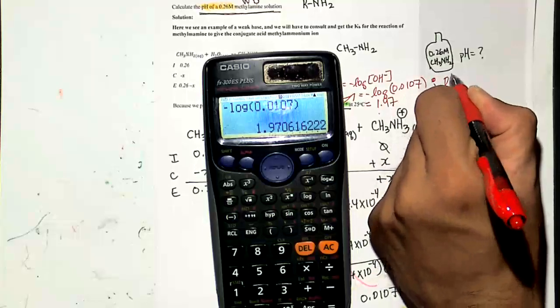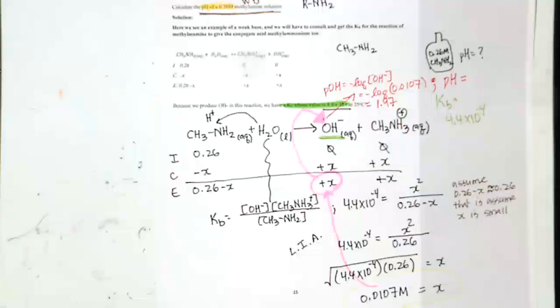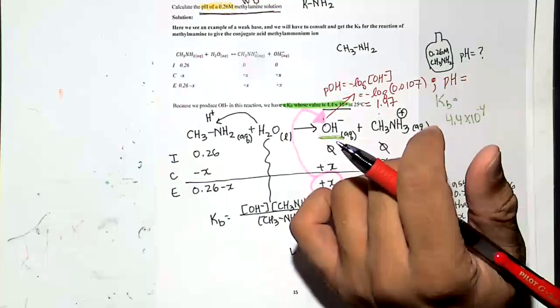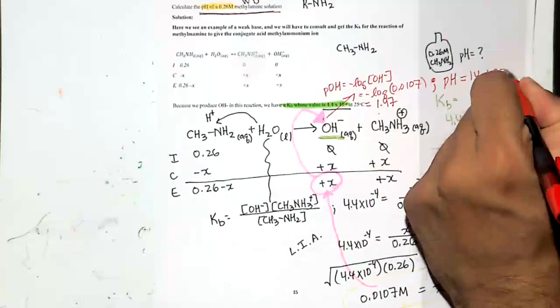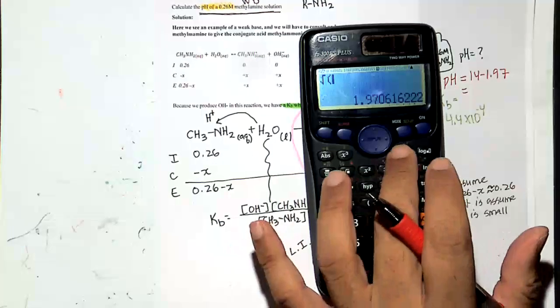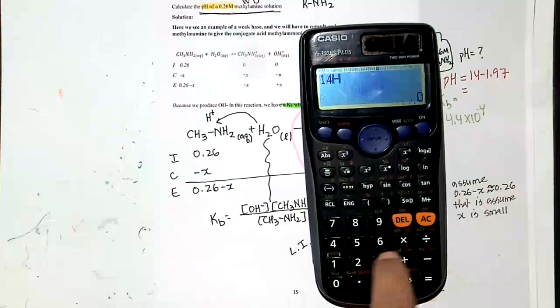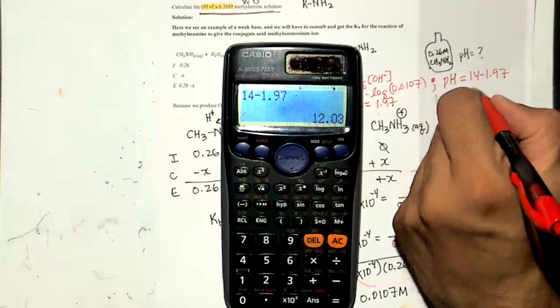Therefore, what will our pH equal? Our pH will be 14 minus that, remember? So what's 14 minus 1.97? 12.03.